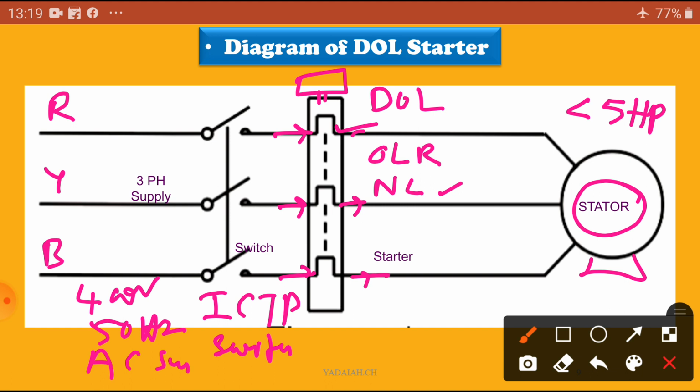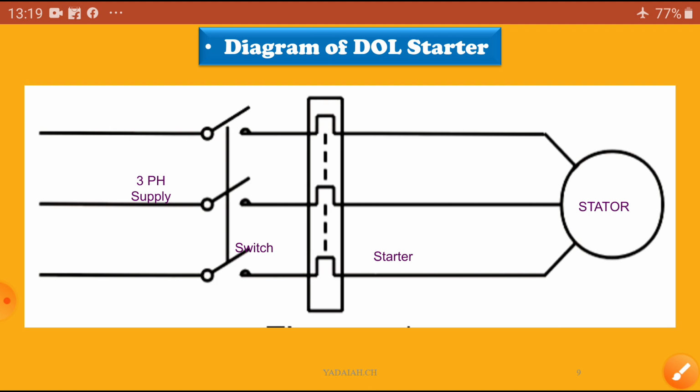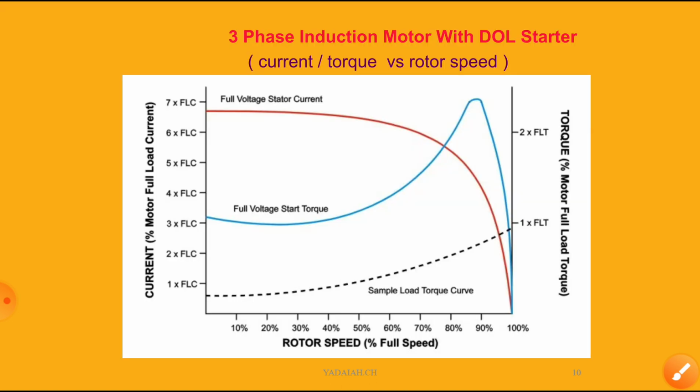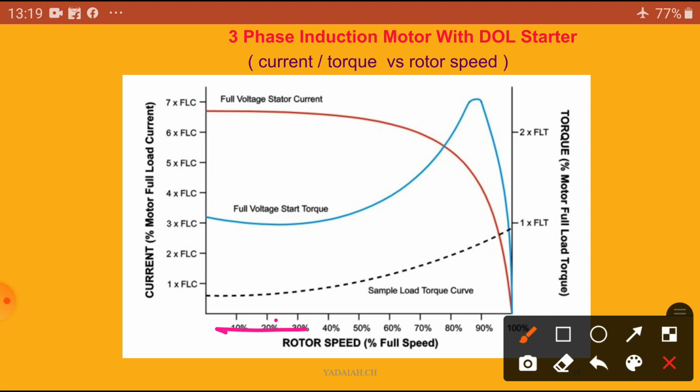Before going to that, we want to see the relation between full load speed, what the current value is, and how the voltage value changes. Last class we have seen this, let us recall it.